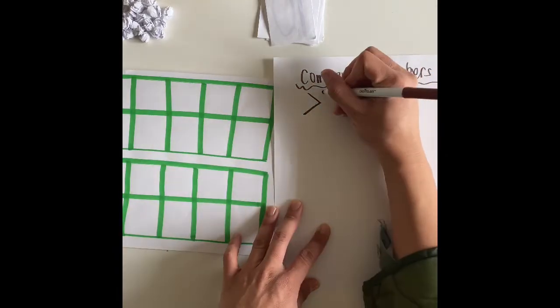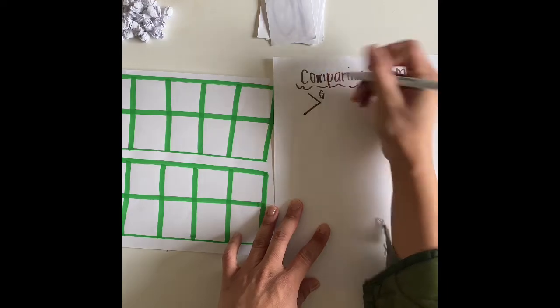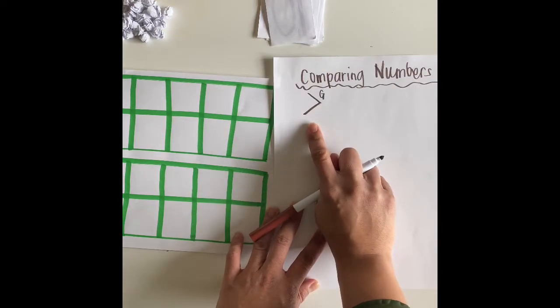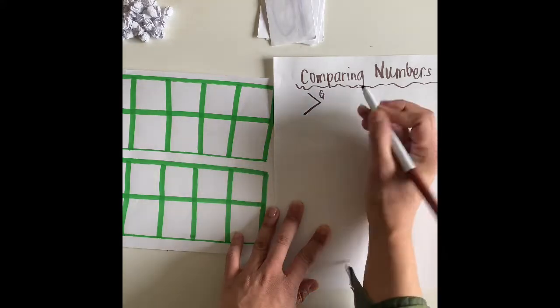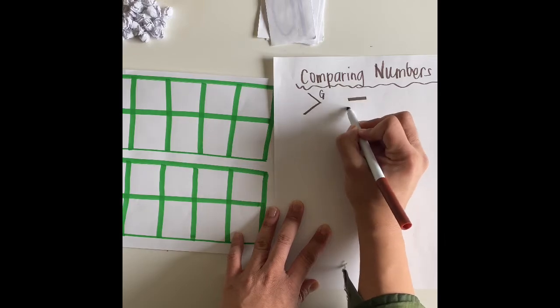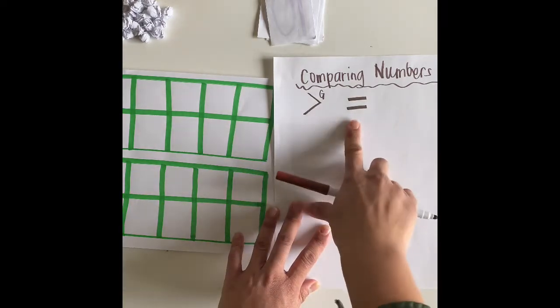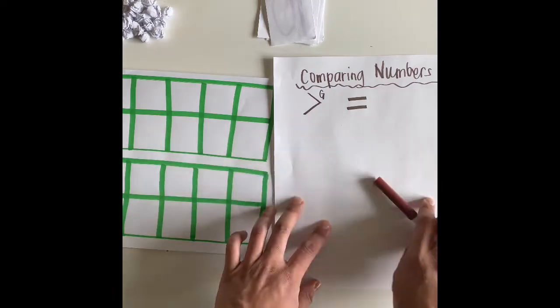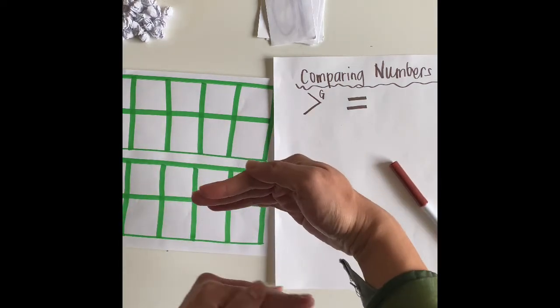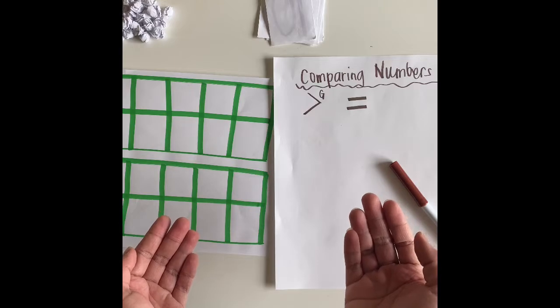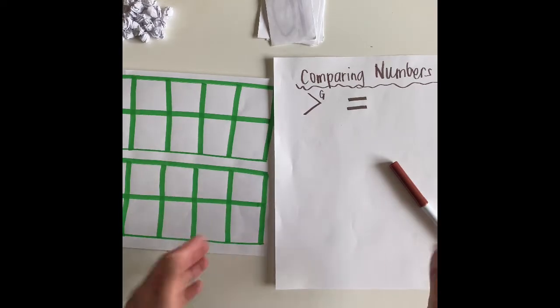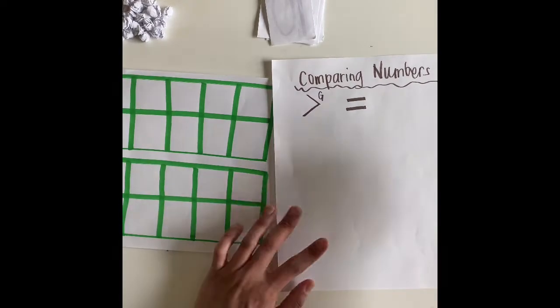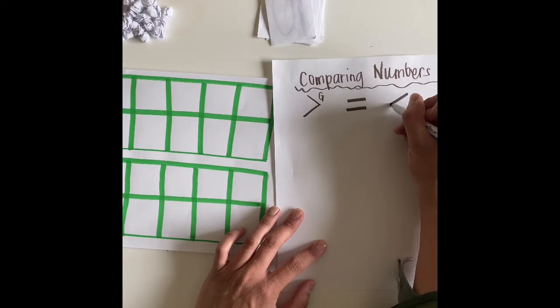Yeah, so I'm going to write the letter G to remind me that this sign is the greater symbol. G stands for greater. We also have this sign to compare values. What sign is this? Yeah, it's the equal sign. So if two values are equal, that means they are the same. Good memory.